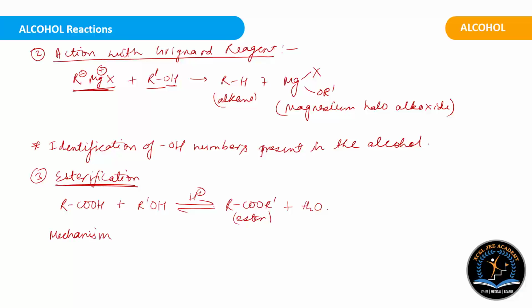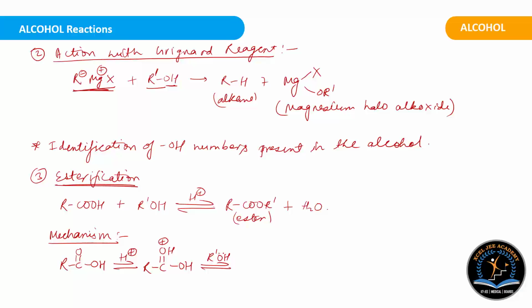In here we have the acid. Acid is what? Carboxylic acid, RCOOH. In this we have added acid, that is H plus. Now H plus will combine with this oxygen. So in this case we will get R-C double bond OH with this OH. Now next one, that is R'OH. In R'OH we have this oxygen with a lone pair.